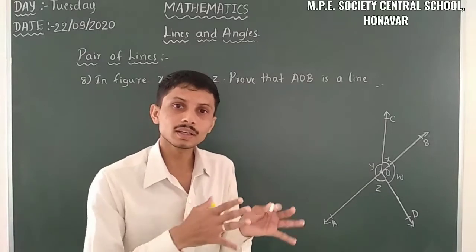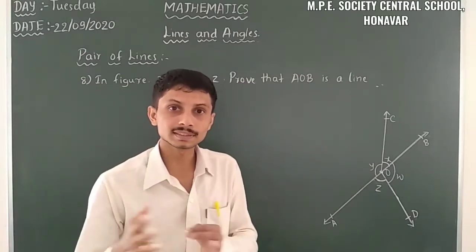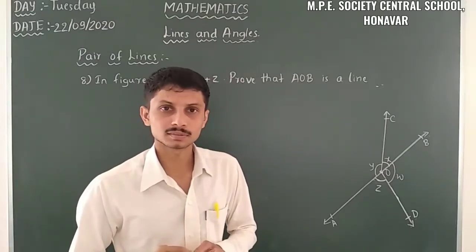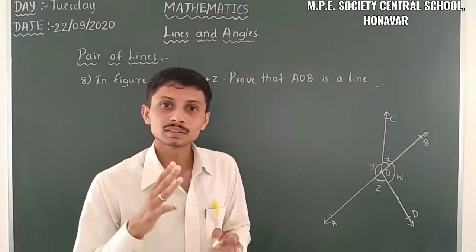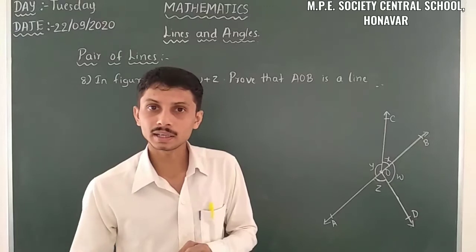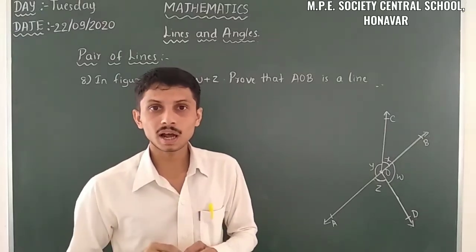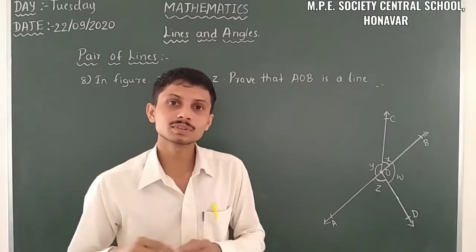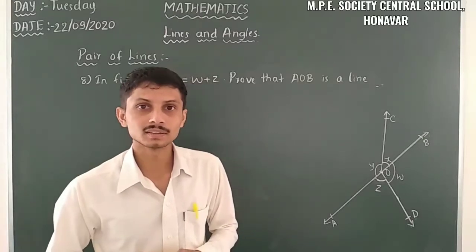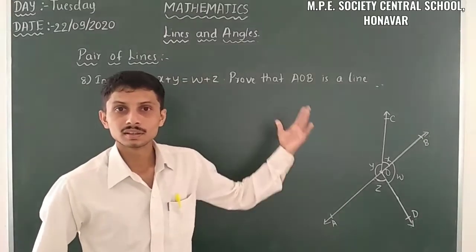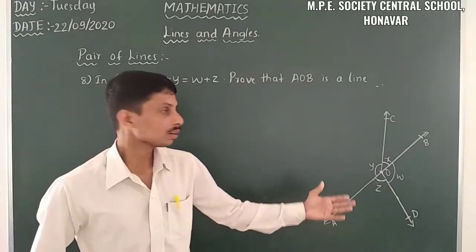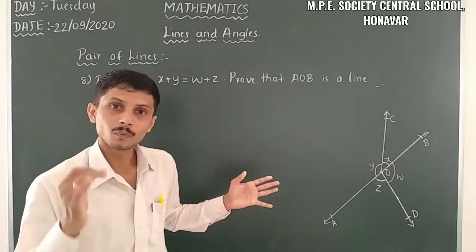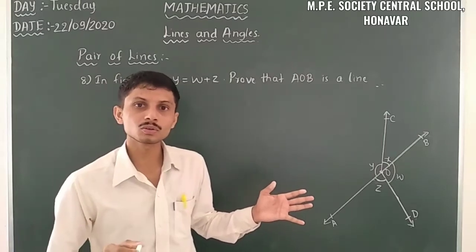To prove AOB is a line, axiom 6.2 is helpful for us. How is it helpful? When the sum of adjacent angles is 180 degrees, then the non-common arms of the angles so formed form a straight line. We can take that as a tool for proving AOB is a line. Firstly we have to know what we have to prove.